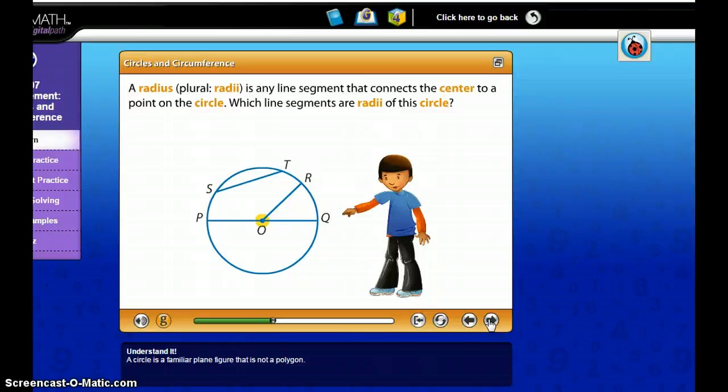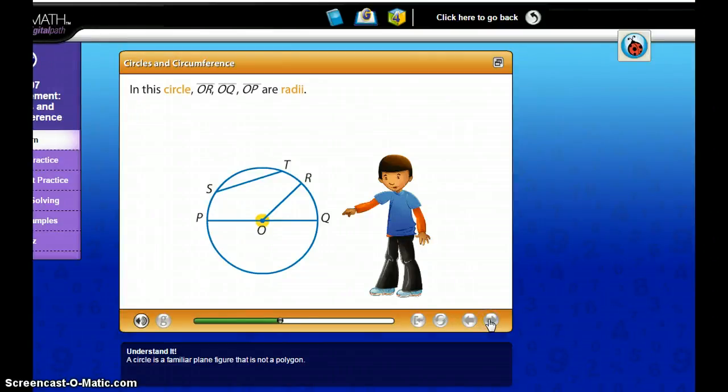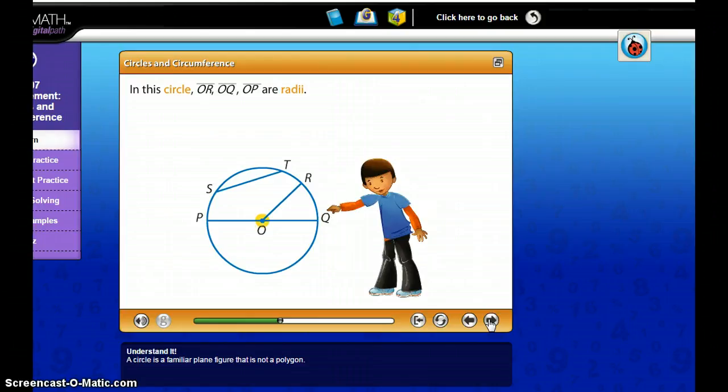Caden? OR. Hadley? OQ. Owen? OP. In this circle, segment OR, segment OQ, and segment OP are radii.